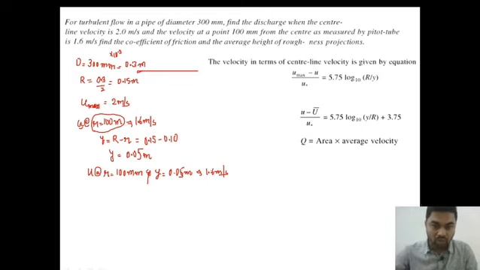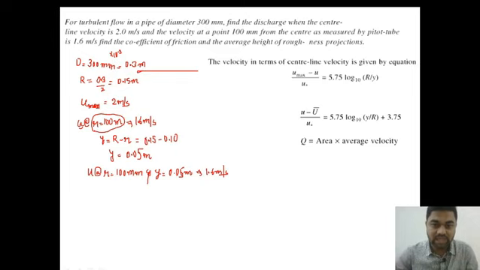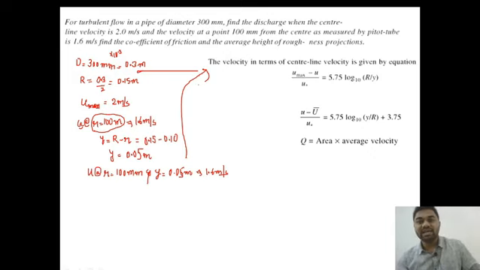So we know that the velocity in terms of center line velocity is given by this equation: u max minus u by u star, where u star is the shear velocity, is equal to 5.75 log r by y to the base 10.